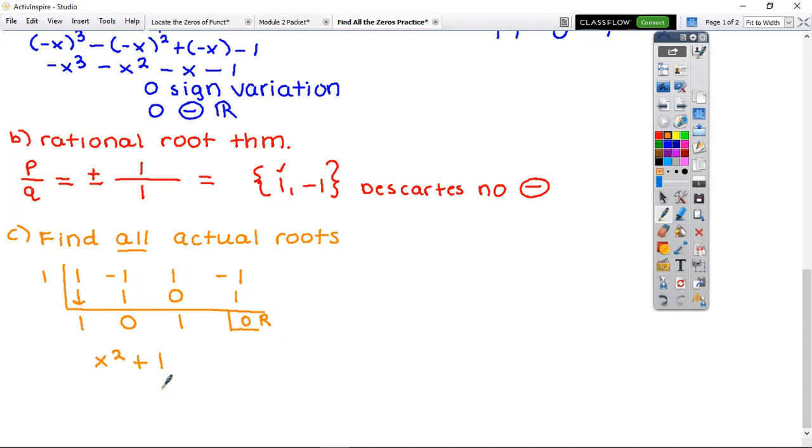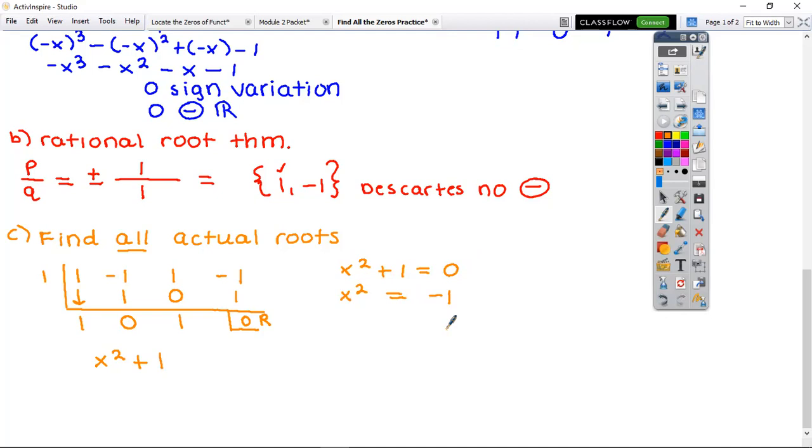Typically, we do quadratic formula, which you're more than welcome to do, but there's a faster way to do this one. So this one, I'm going to go instead, x squared plus 1 equals 0. And we're going to go x squared is equal to -1. And how many roots do you need to generate from this equation? 2 of them.